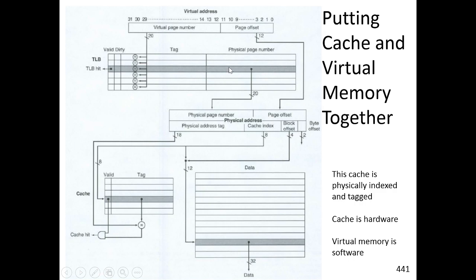Okay, putting it all together in a big picture. Here we have cache, and this is what it looks like putting everything together with the translation look-aside buffer, the page table, and how virtual memory runs.